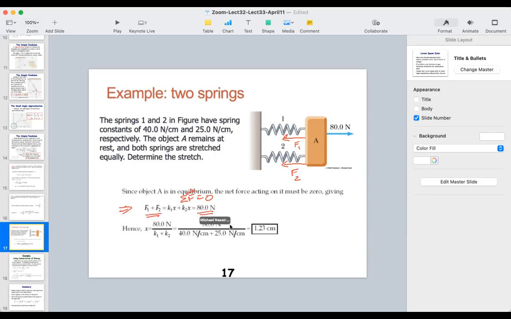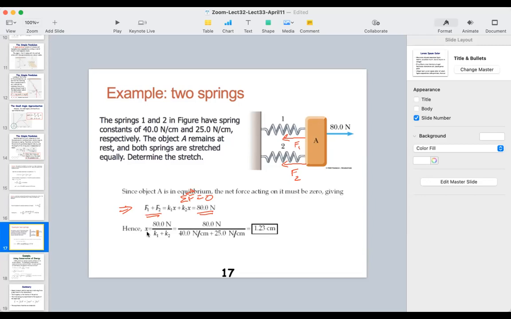So k x1 plus k x2 is equal to 80 Newton. So x is equal to 80 Newton divided by k1 plus k2. In this case, we have 80 Newton divided by 40 Newton per centimeter plus 25 Newton per centimeter. If we solve this equation, we find 1.23 centimeter, which is the stretch of the spring.